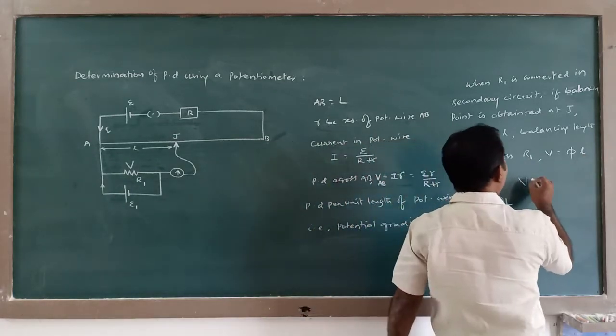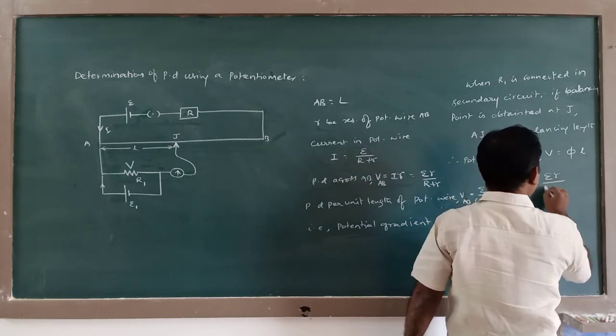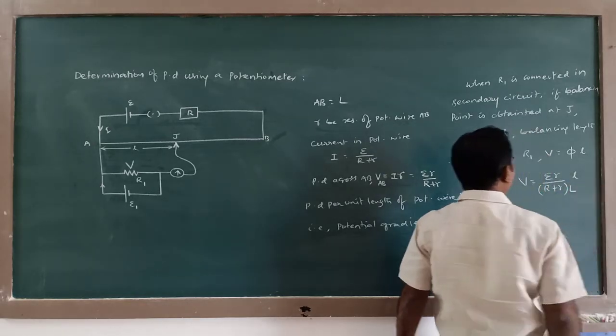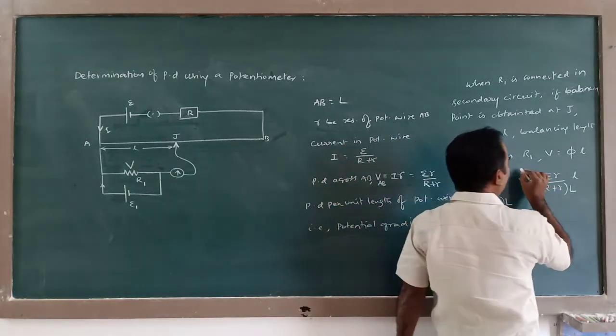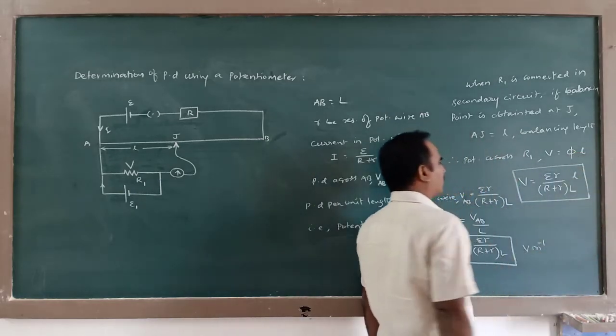So this V is equal to ER divided by (R plus r) into L into l. This is the formula which you have to use to find the potential difference using a potentiometer.